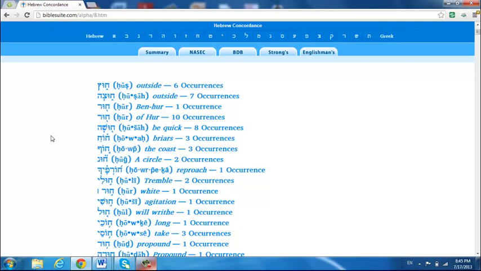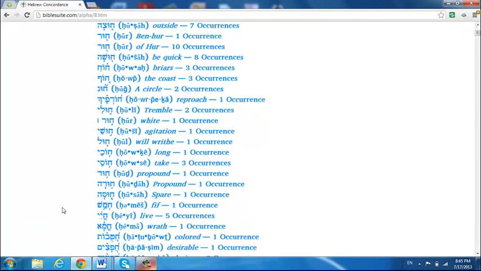For example, you can see these all begin with a chet, but it goes back and forth. There's a vav there as the second letter, if you know the letters, but here's a mem, and there's a yod. So the second letter may or may not be in a clear order if you don't know Hebrew very well.